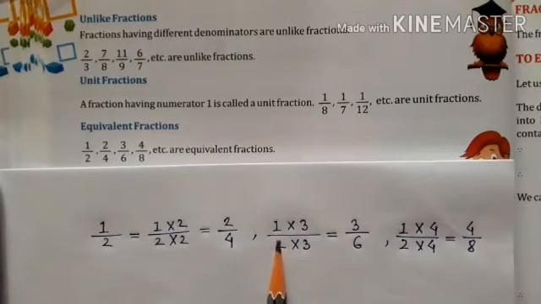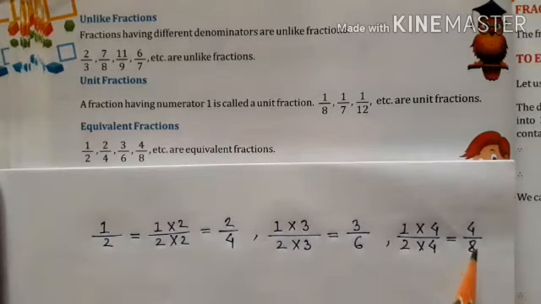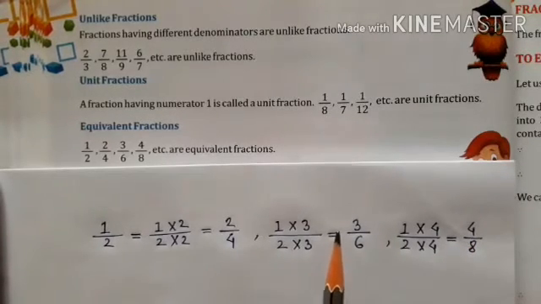Here we multiply numerator 1 and denominator 2 by the same number 3: 1 into 3 equal to 3, 2 into 3 equal to 6, so 3 by 6. And here we multiply numerator 1 and denominator 2 by the same number 4: 1 into 4 equal to 4, 2 into 4 equal to 8, so 4 by 8. So these are the equivalent fractions, okay?